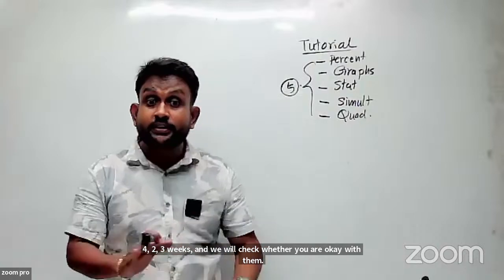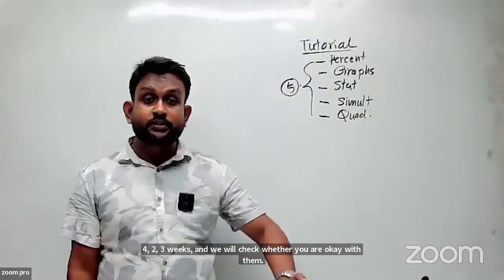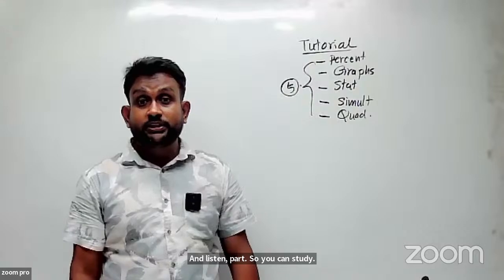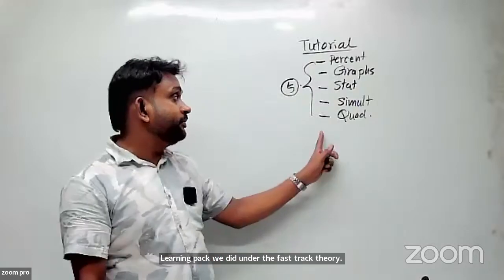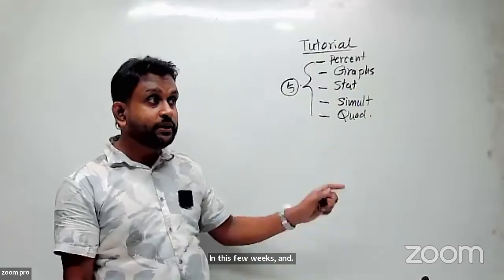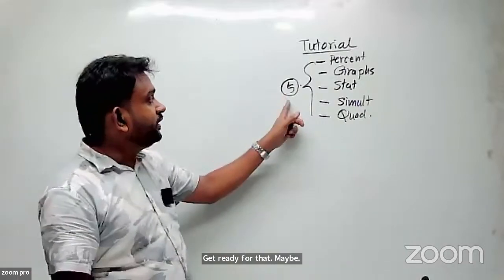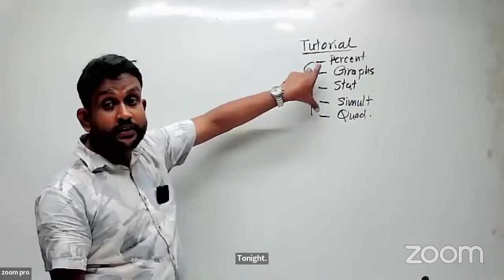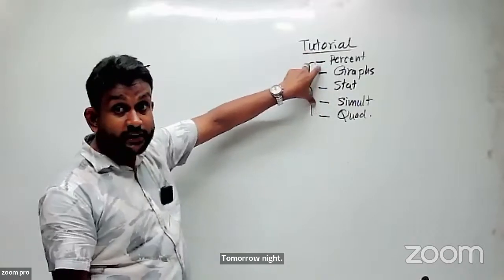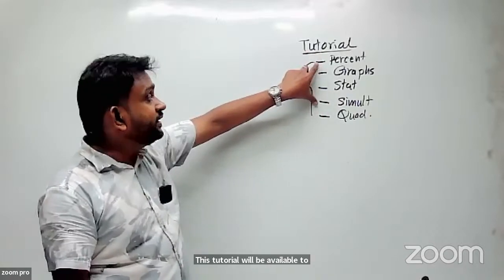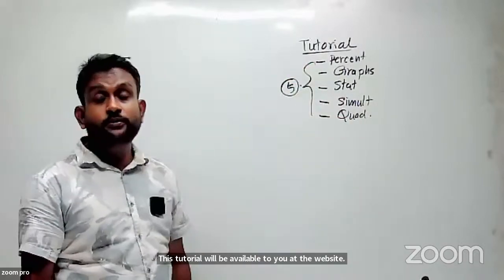So you can study the learning facts we did under the fast track theory within these few weeks and get ready for that. Maybe tomorrow night, this tutorial will be available to you on the website. Tomorrow night you can take it and do the questions.